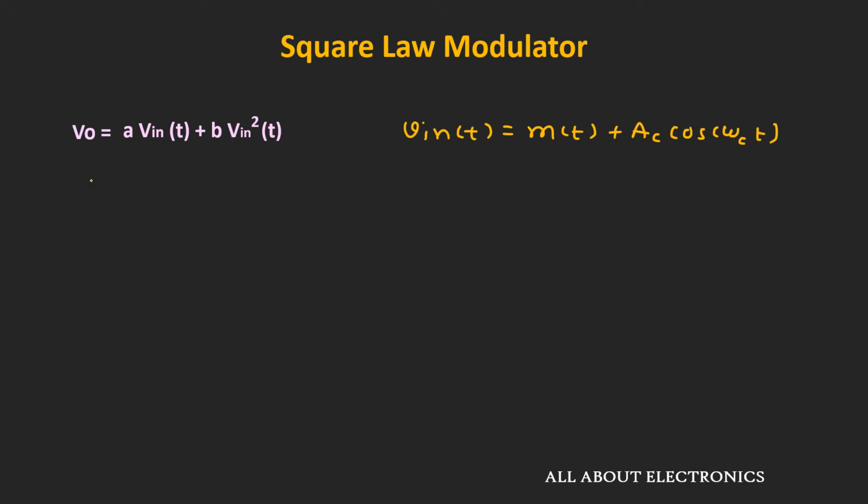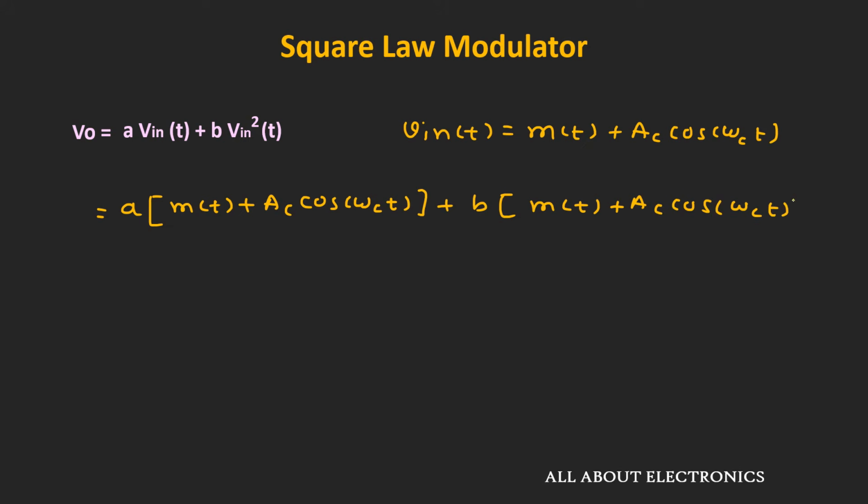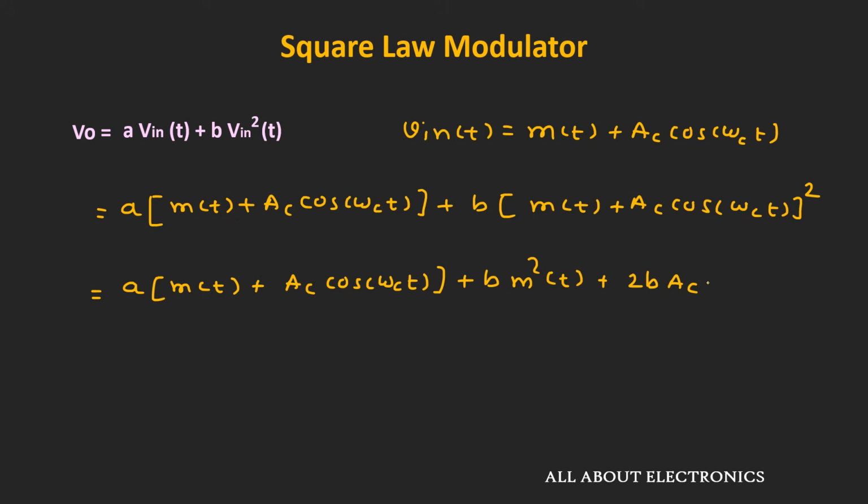So here the output of this nonlinear device can be given as A times Vin(t), that is A times m(t) plus Ac cos omega c t, plus B times m(t) plus Ac cos omega c t whole square, that is equal to A times m(t) plus Ac cos omega c t plus B times m square t plus 2B Ac times m(t) cos of omega c t plus B times Ac square cos square omega c t.